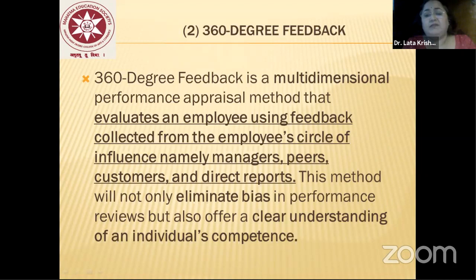But if you're taking 360-degree feedback from the entire circle of people who surround an employee, we say that we are taking a very fair, unbiased method. Maybe you are good with your superior, but you're not good with your subordinates. Maybe you're good with your peers, but you're not good with your customers. Maybe you're good with your customers, but you're not very good with your suppliers. All this can be seen and studied through a 360-degree feedback.